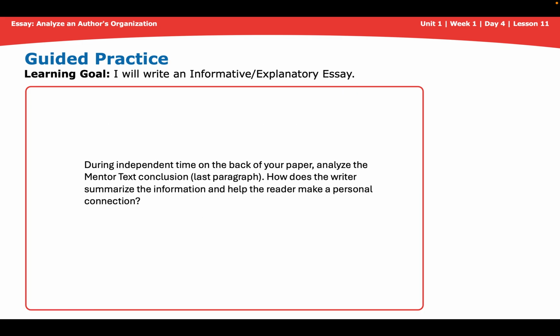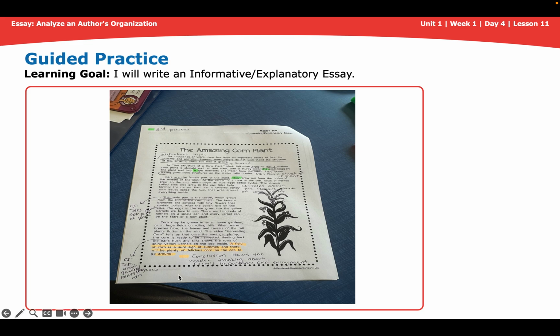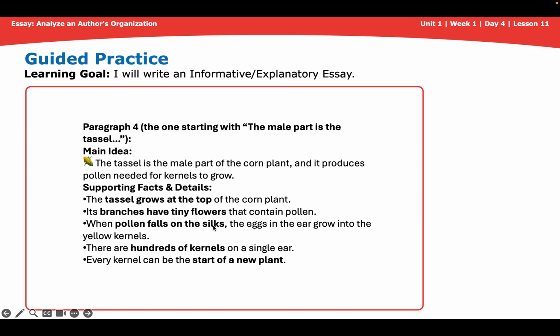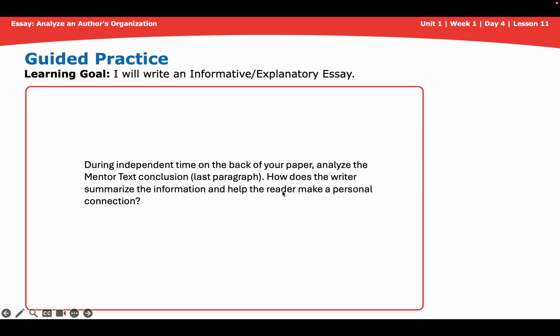So during independent time, this is what your job is. On the back of your paper, you're going to analyze the mentor text conclusion, which is the last paragraph right here. It starts with "Corn may be grown." You're going to answer this: How does the writer summarize the information and help the reader make a personal connection?